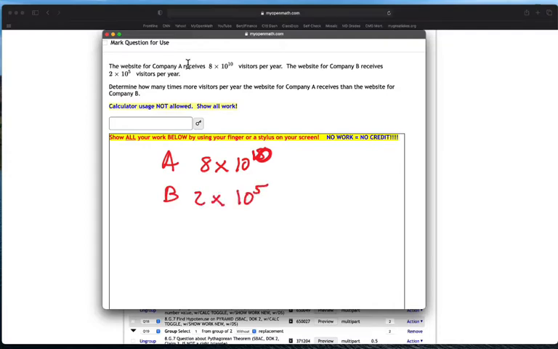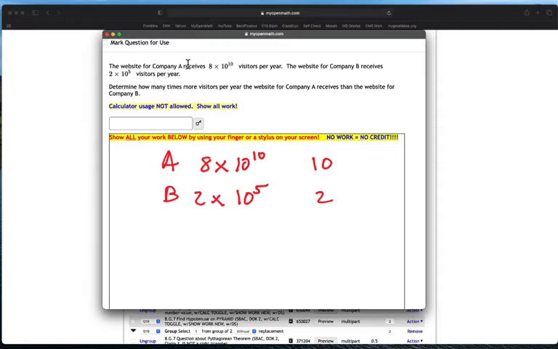It should be relatively clear that you're either going to have to add, subtract, multiply, or divide these values. But what if, just for a minute, I replace Company A with just the number 10 and Company B with just the number 2?